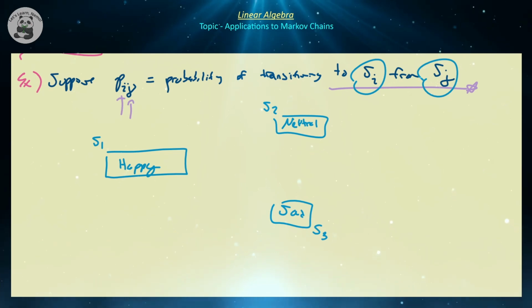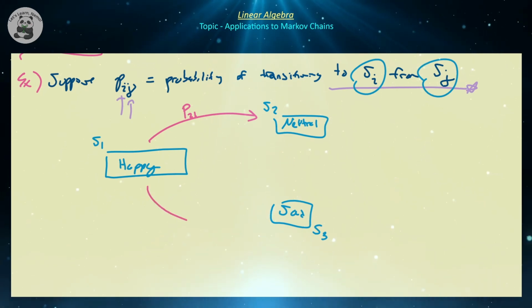Let's assume that we want to transition from happy to neutral. Taking this convention, that's P of Si from Sj, which is equal to P21. And keep in mind, direction does matter here. So this is the probability of going from happy to neutral.